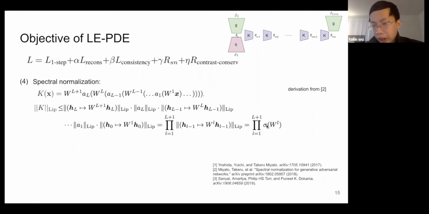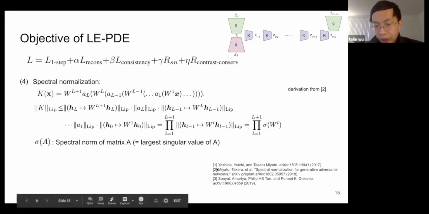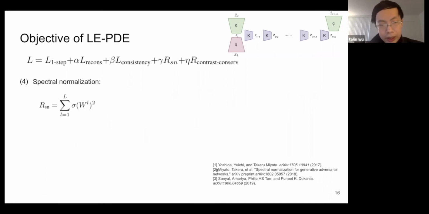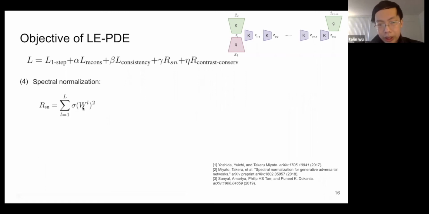The Lipschitz constant of the weight is actually the spectral norm of the matrix, which is the largest singular value of the matrix. Based on this, these three works introduce spectral norm regularization, which constrains the largest singular value of the weight matrix on each layer.